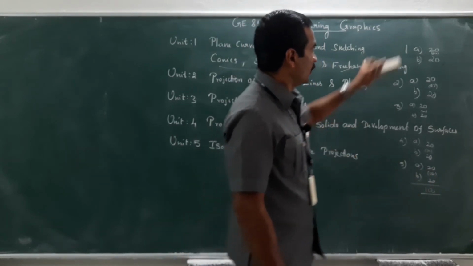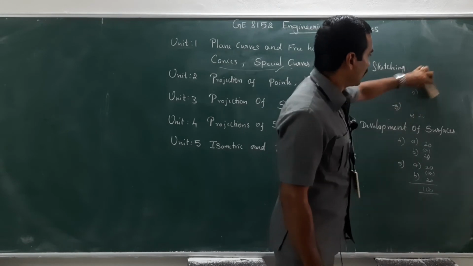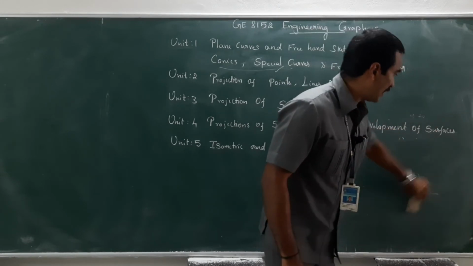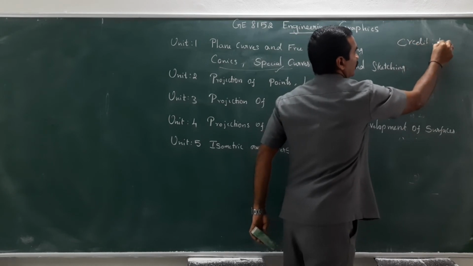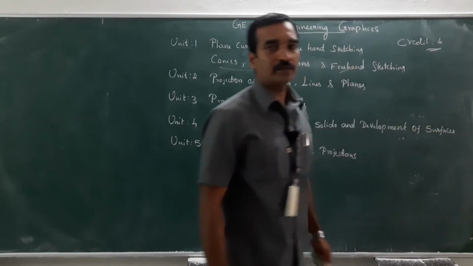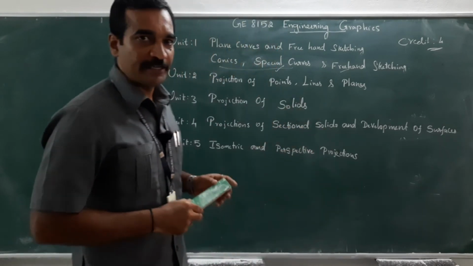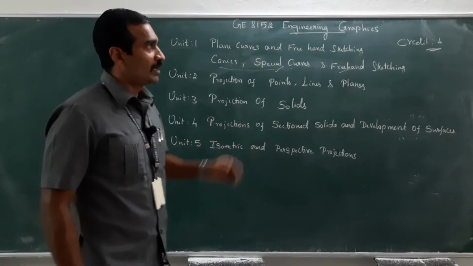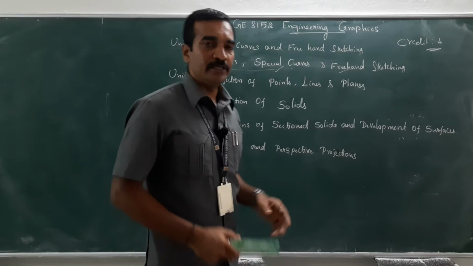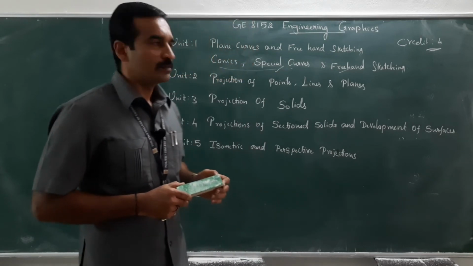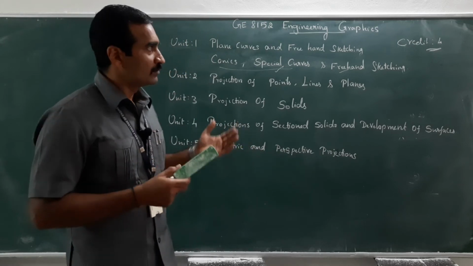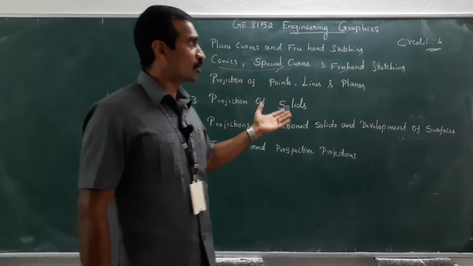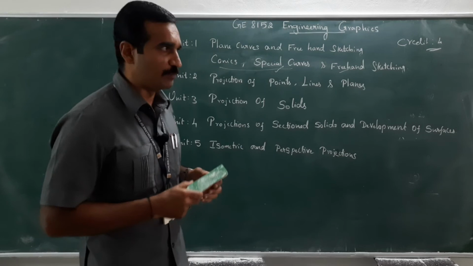The credit of engineering graphics is 4, which plays a vital role. If you score high marks in engineering graphics, the grade naturally goes up. That means if you score high marks, it will boost up your CGPA.